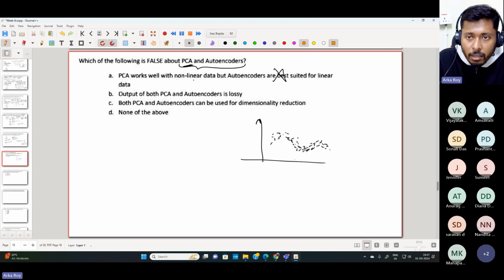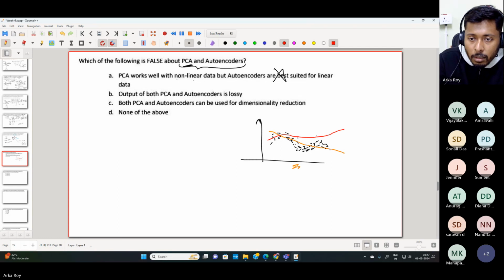Your PCA gives an approximation like this, and let's say your autoencoder can give an output like this. So you can see that there is still some loss of data because you are representing higher dimensional data using lower dimensional data. So there will be some loss, but we try to reduce the loss as far as possible.